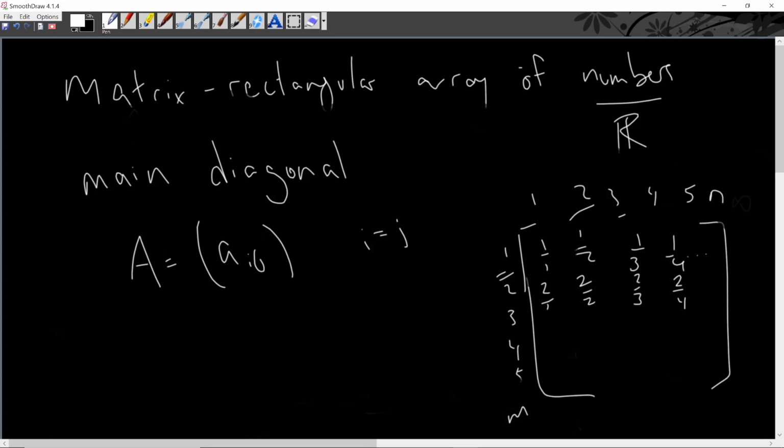Then we'll have 3 over 1, 3 over 2, and then 3 over 3. Actually, I'm not sure if this uses the main diagonal. If you count every single term in this swooshing pattern and eliminate the main diagonal, you should be able to count every single one.